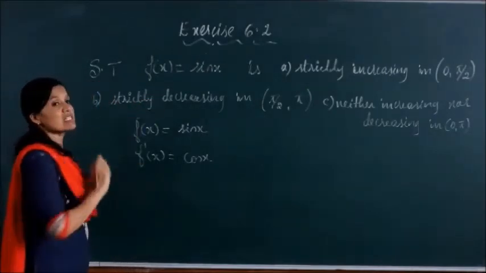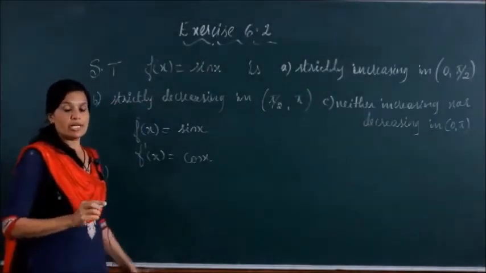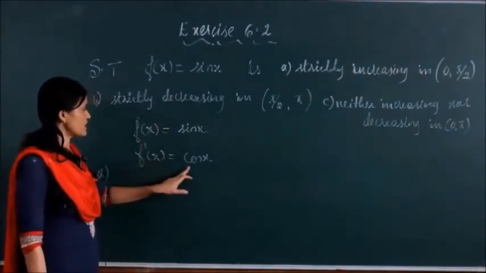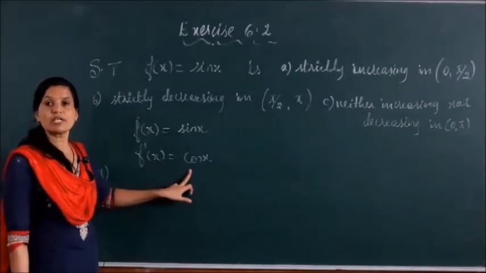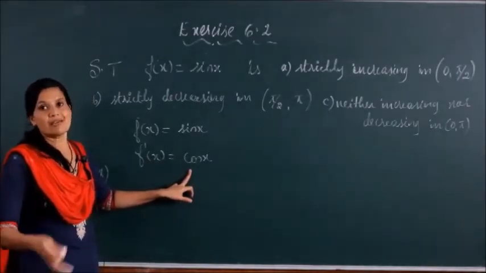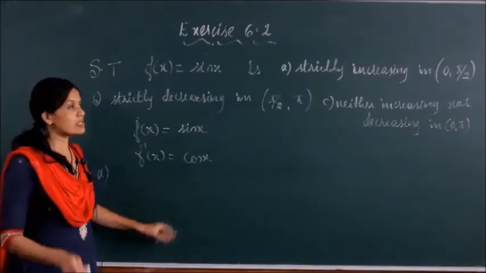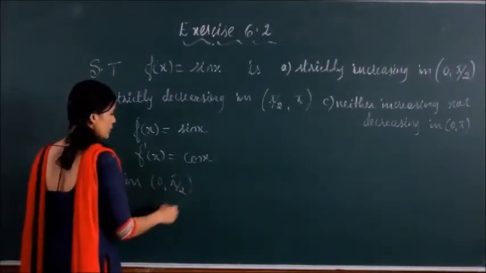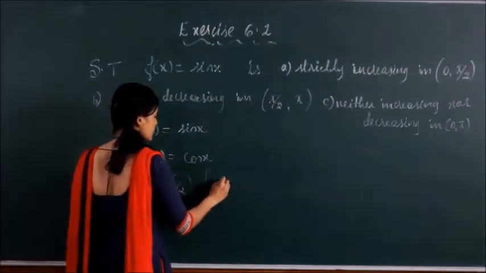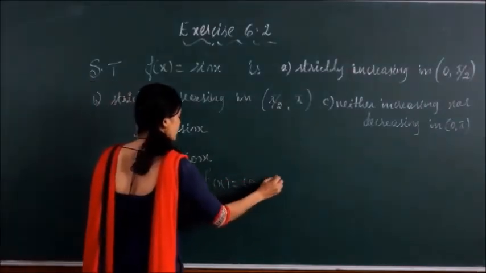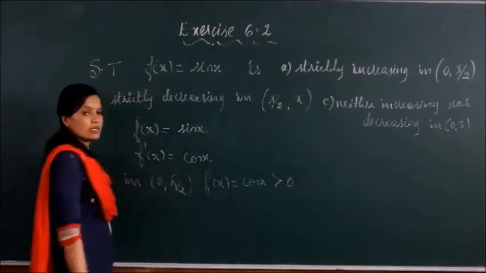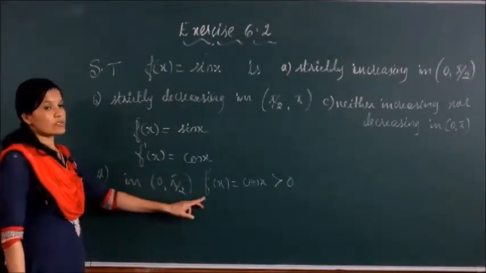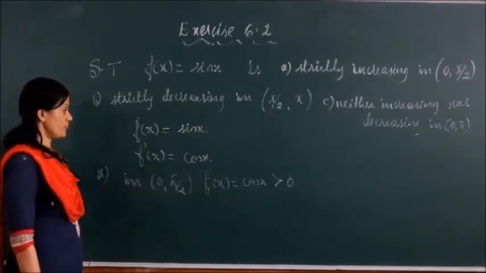In the interval 0 to pi by 2, that is in the first quadrant, I got f dash of x is cos x. We know that in the first quadrant cos x is positive. Hence, f dash of x is greater than 0. So, in the interval 0 to pi by 2, f dash of x is equal to cos x is greater than 0. Hence, the function is strictly increasing.